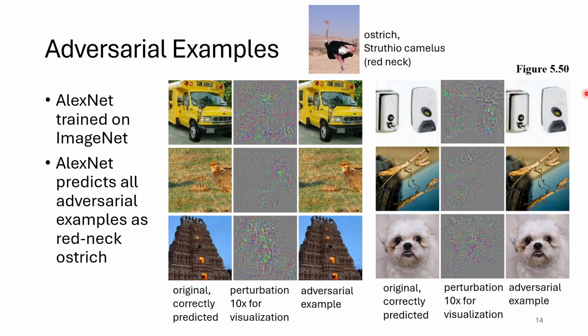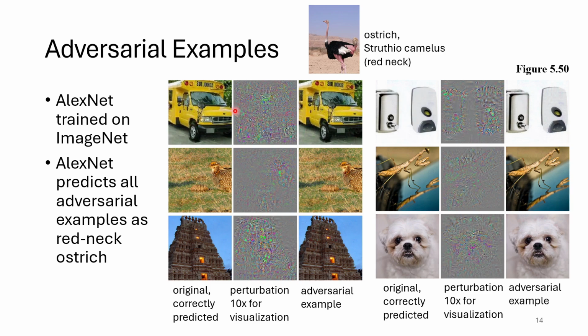So we have the AlexNet, and when we train the AlexNet on ImageNet, there are 1,000 classes. So this is a bus, and this is a breed of dog. When we use these images, the AlexNet will tell us the correct class labels.